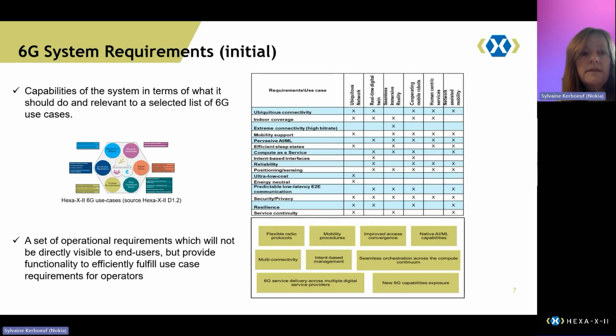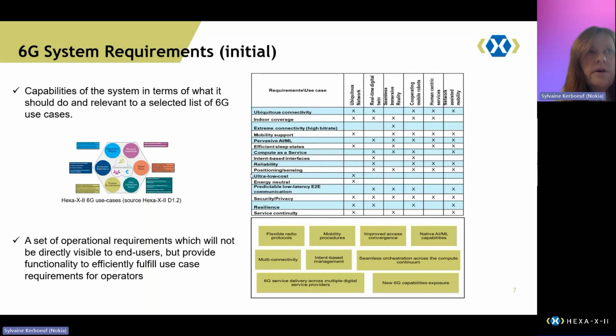Moving forward, we set a preliminary set of 6G system requirements that we have identified. We started from the requirements of the 6G use cases to identify the capabilities of the system in terms of what it should do. For example, it's about providing extreme connectivity, compute as a service, positioning and sensing, and so on.